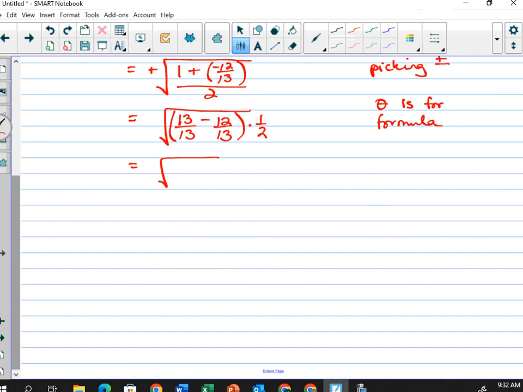All right, so simplifying this, 13 minus 12, I've got 1/13 times 1/2. I get 1 over 26. I need to rationalize that, so what is it going to be?